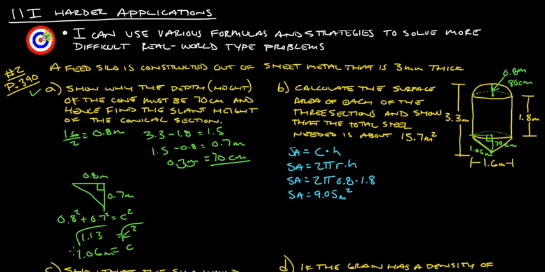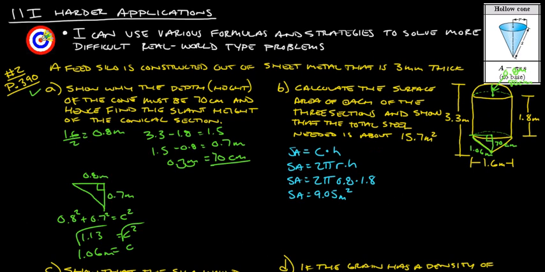And now we're going to need some other formulas. One of the formulas is for the cone, and that says area equals pi r times s. So pi times the radius times the slant height is going to be the surface area of this cone.